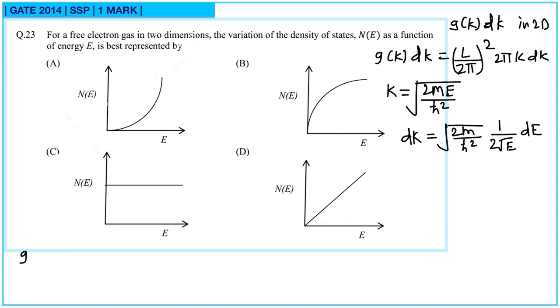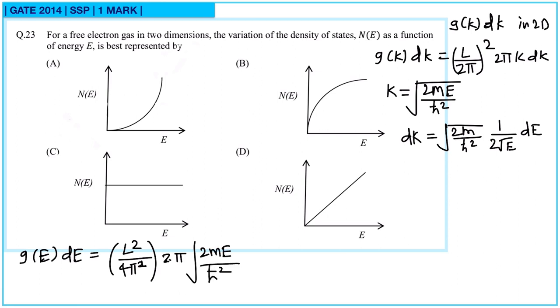So we will get G(E)dE is equal to L² by 4π² into 2π into the value of k, under root 2mE upon ħ², into dk, and that is 2m upon ħ² upon 1 by 2 root E into dE.